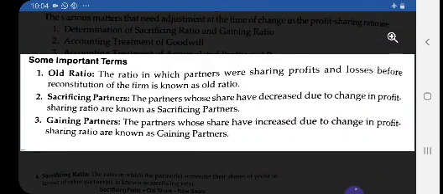Sacrificing partner: the partner whose share has decreased due to change in profit sharing ratio is known as the sacrificing partner. That is why he is compensated by the gaining partner. And who is called the gaining partner? The partner whose share has increased due to change in profit sharing ratio is known as the gaining partner. So you come across these three ratios.